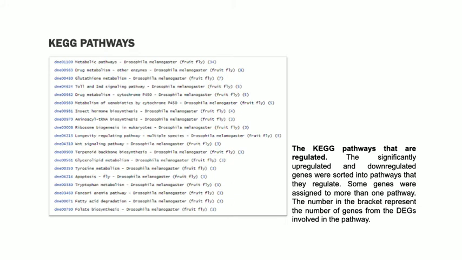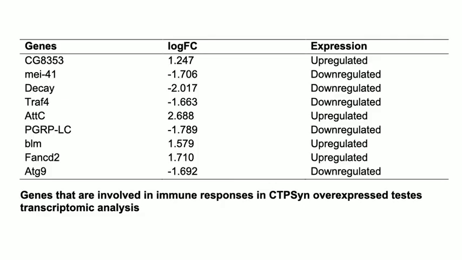This figure shows the KEGG pathways that are regulated. As you can see here, Toll and IMD, apoptotic and Fanconi anemia pathways are interesting to be studied further as they are involved in immune responses in Drosophila melanogaster. These are the immune response related genes that were differentially expressed.